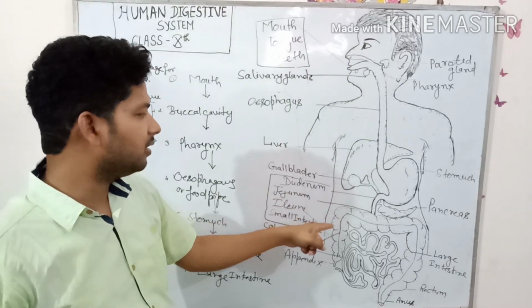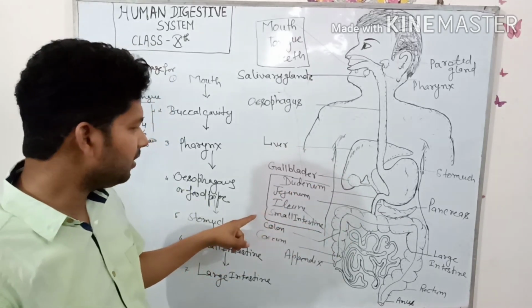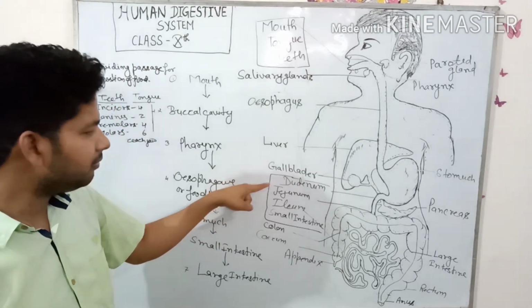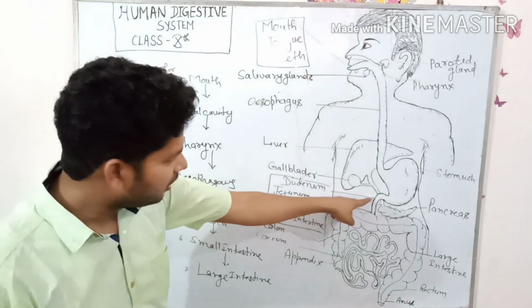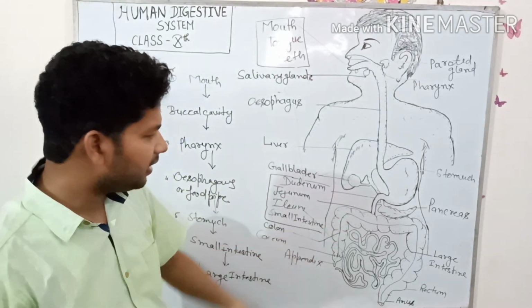Then the small intestine, which consists of the duodenum, jejunum and ileum.